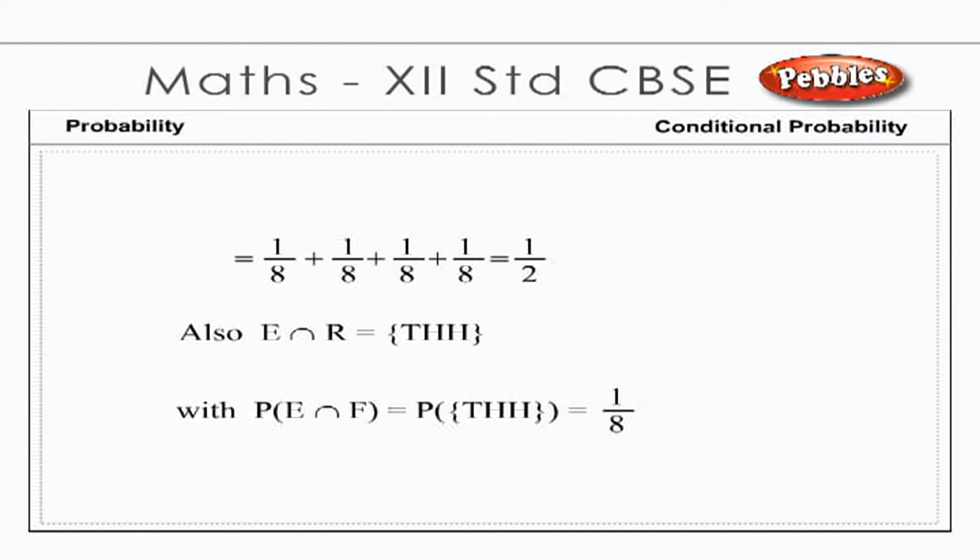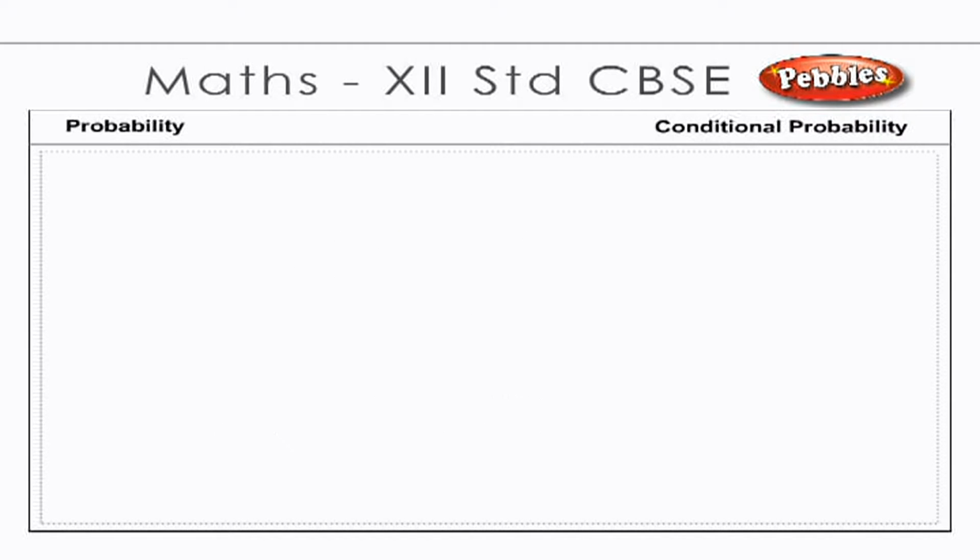Also, E intersection F is equal to {THH}, with P of E intersection F equal to P of THH is equal to 1 by 8.